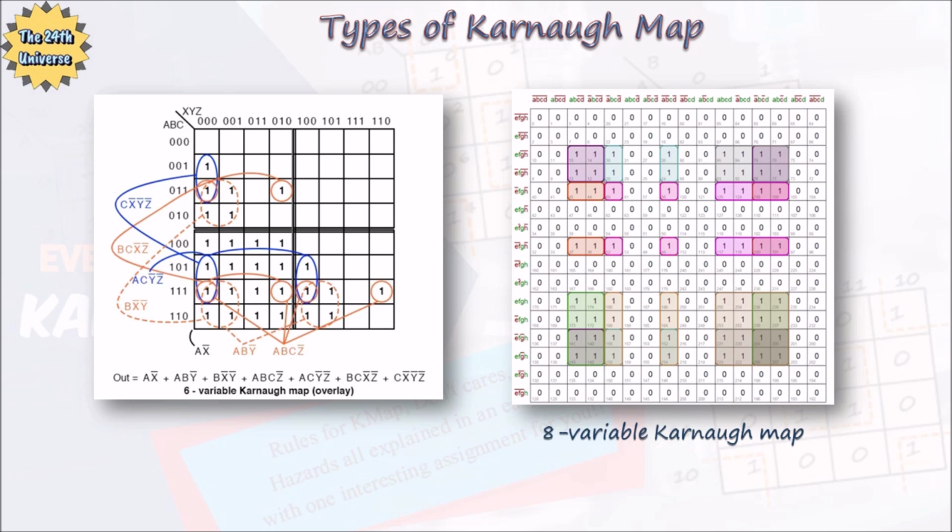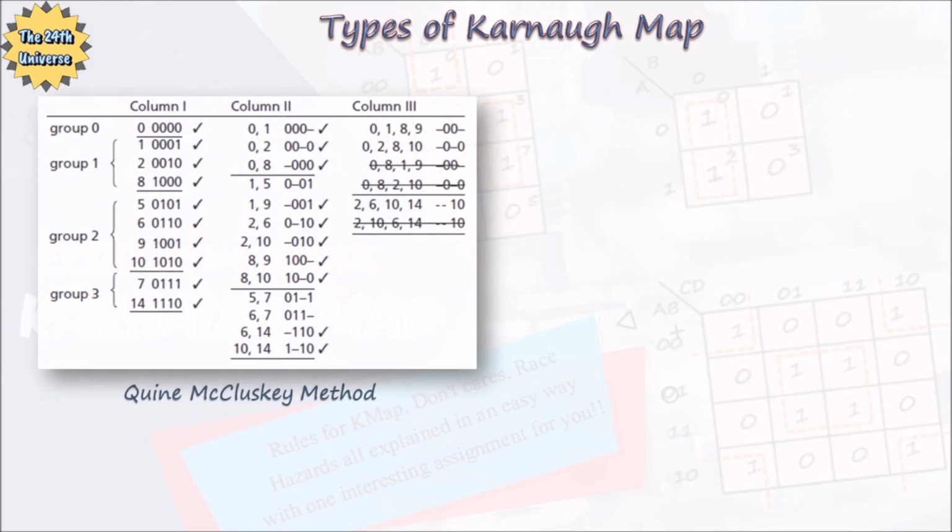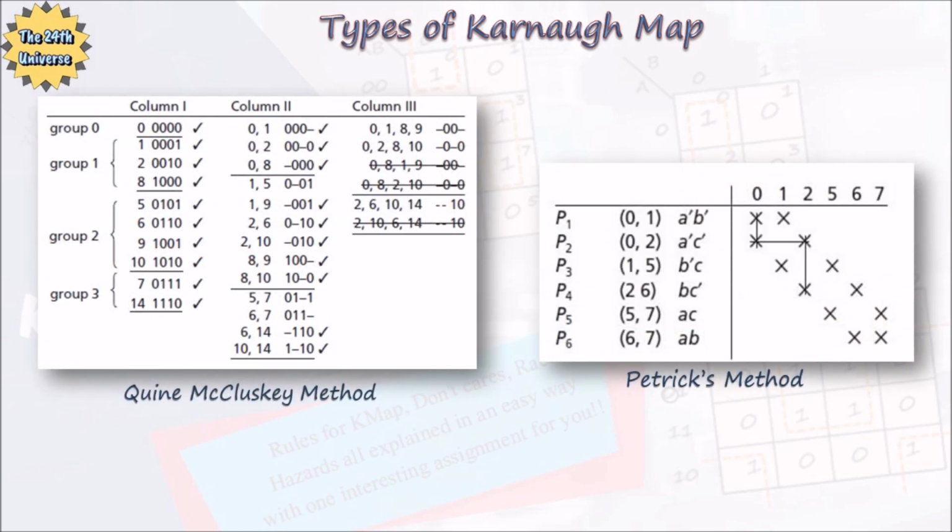The larger the K-map, the more difficult it becomes to visually identify and group the essential prime implicants, which is a key benefit of using K-maps for simplification. As the number of variables increases, other techniques such as the Quine-McCluskey algorithm or Petrick's method become more practical and efficient for simplifying Boolean expressions.